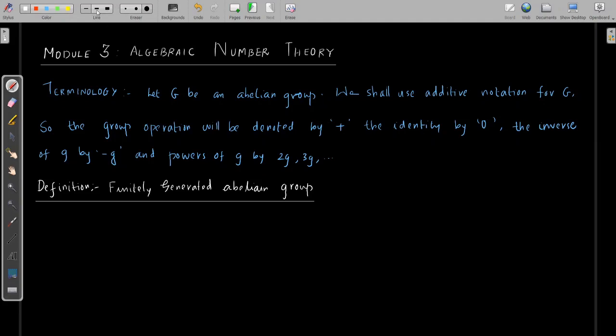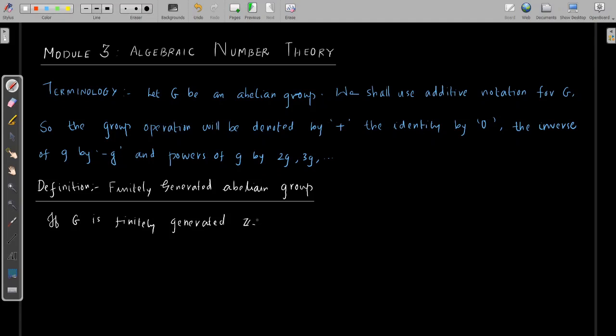Actually, we need to review chapters 1, 2, 3 of our prescribed textbook. Here I write some important definitions that we have to use in chapters 4, 5, etc. This is the definition of a finitely generated abelian group.